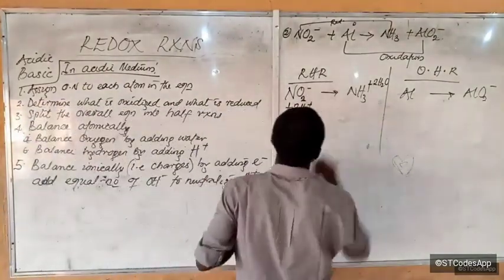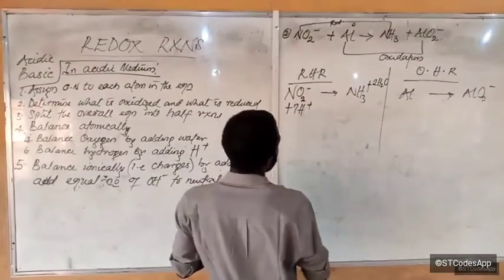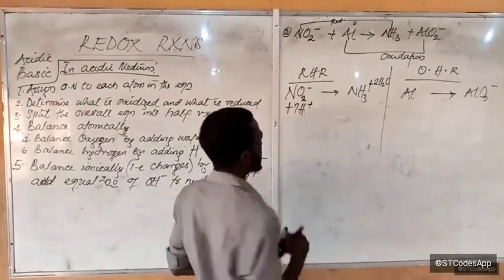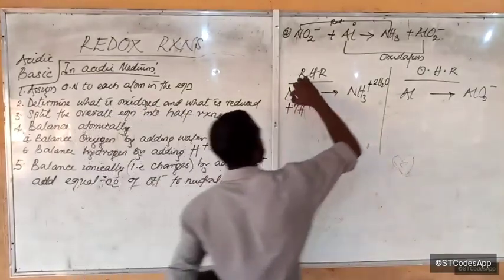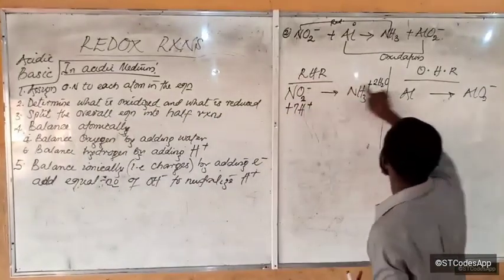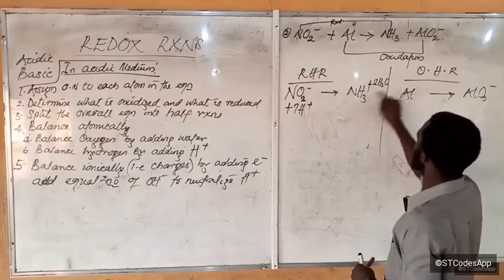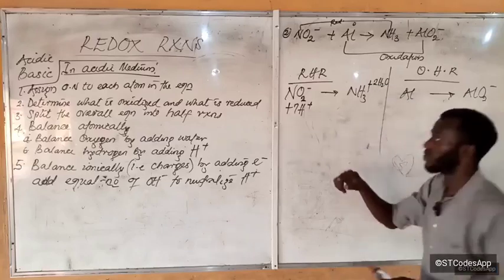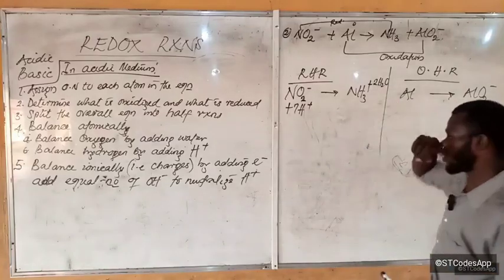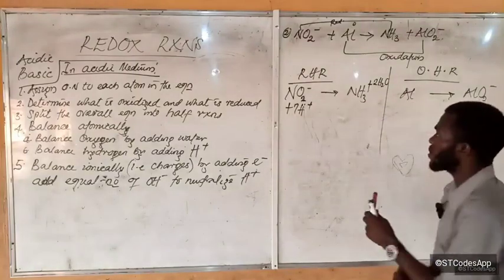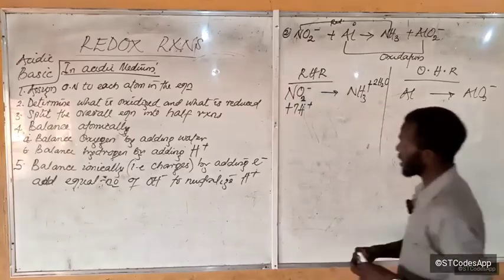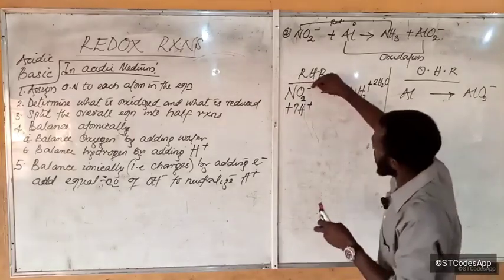So from here, we can now check if it is balanced ionically. Because from what I'm seeing here, it is balanced atomically. Now let's check again. 1 nitrogen, 2 oxygen, 4 hydrogen, 4 hydrogen plus 3, 7 hydrogens, and 7 protons here. Is that okay? So here we're going to have the total charge. Let's check. Here, the total charge is minus 1. Is that okay?